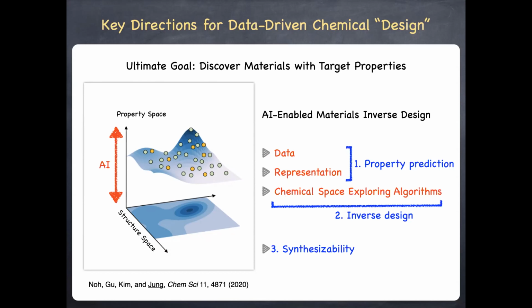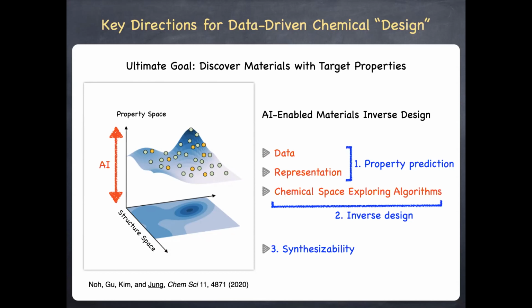Currently, we mostly use chemical intuition from expert knowledge. But here, the goal is really to use the data to explore the chemical space so that the machine gives some sort of hidden knowledge about the chemical space.